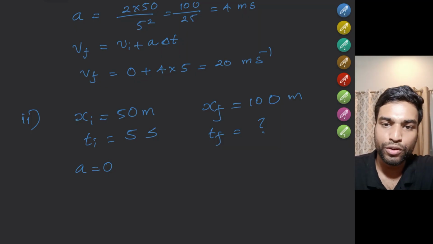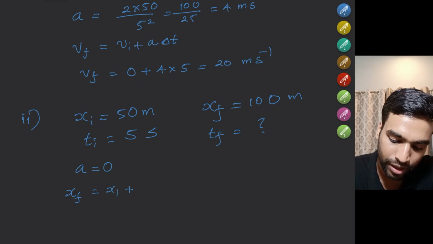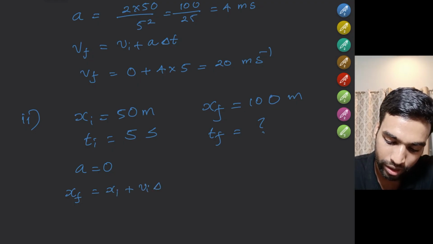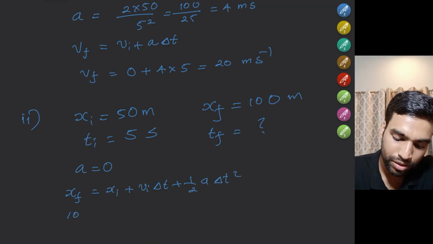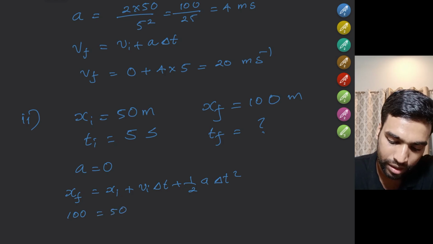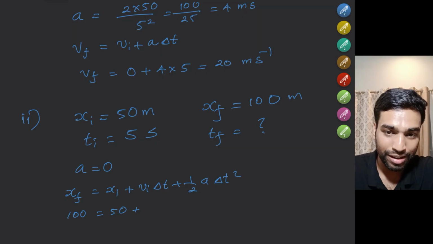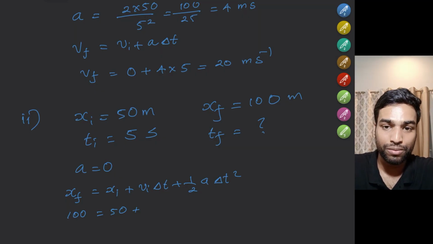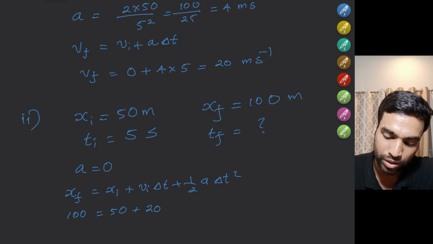So let's apply the equation of motion 1. xf equals xi plus vi delta t plus half into a delta t square. Now xf is of course 100, xi is 50, and vi, remember here vi is the final velocity in the previous question, which is 20.